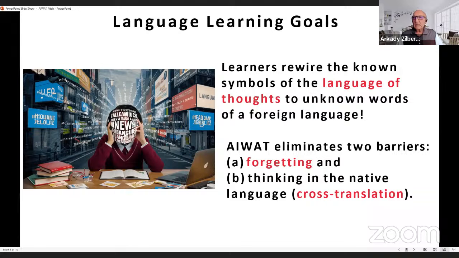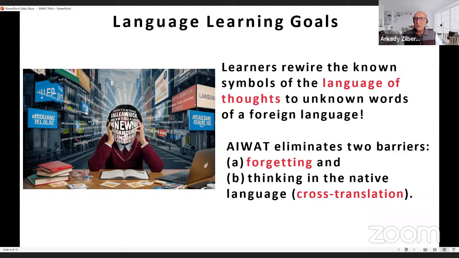But the symbols or feelings in which we think are wired together to the words in our native language, and this creates the illusion that we think in our native language or in any other language which we speak fluently. We always have the same language of thoughts.